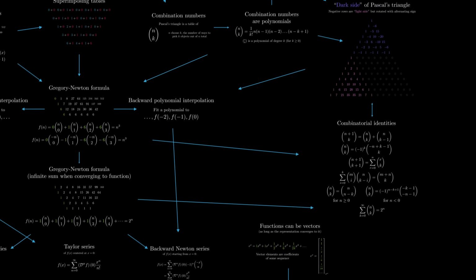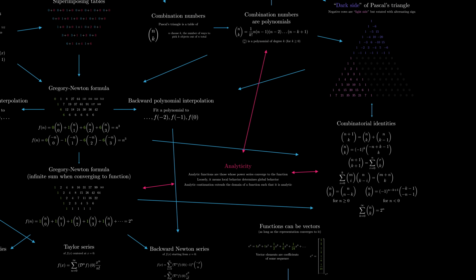These ideas are very closely related to the concept of analytic functions. We didn't go over this in the video, but analytic functions and analytic continuation are an incredibly important concept. In future follow-up videos, the different examples of series we went over today will serve as great examples for understanding deeper ideas in this area.